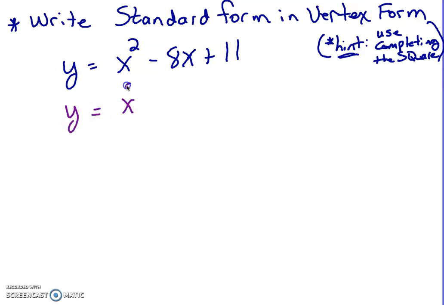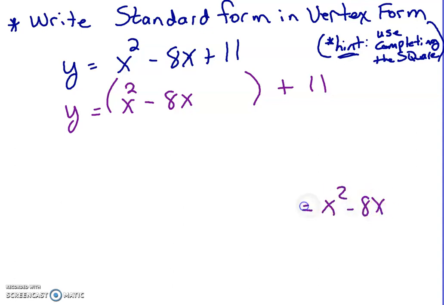First, rewrite it, but space that 11 out to the side, and then in a sense, you ignore it just for a little bit. And what you're going to do is just pretend that it was just like x squared minus 8x equals 0, something like that, and I wanted to use completing the square. So you find that missing number, that magical number, by using (b divided by 2) squared.